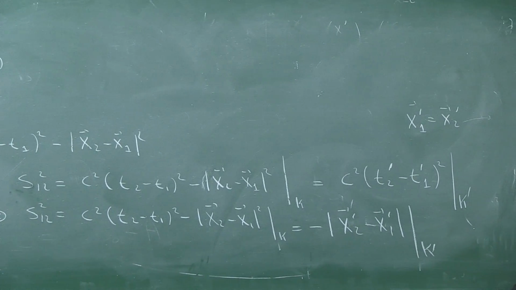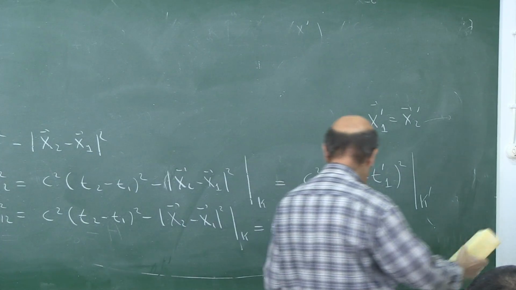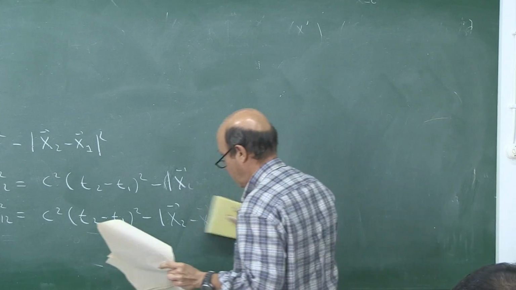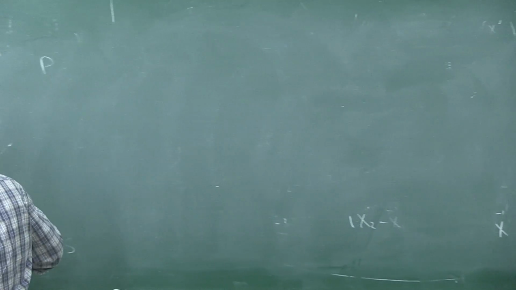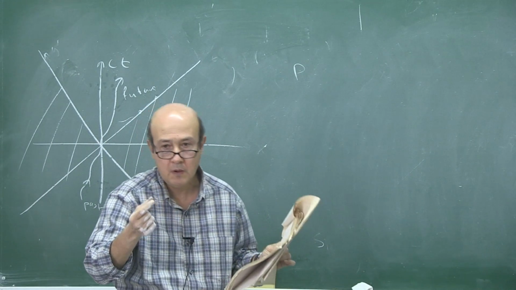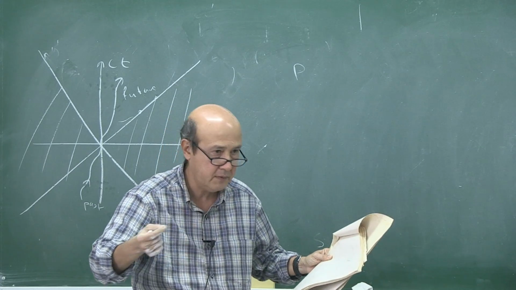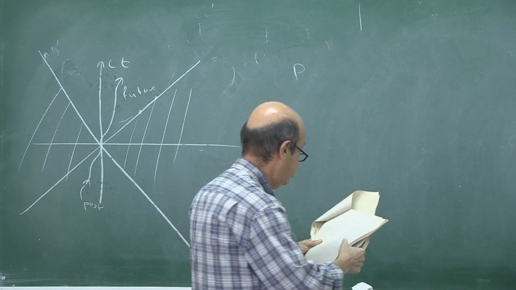So let us go over the other properties of the Lorentz transformations. So we will see another quantity now, and we will use this often. You can write the separation in differential form, not x1 minus x2. Then instead of writing x1 minus x2, you can write dx or dt.